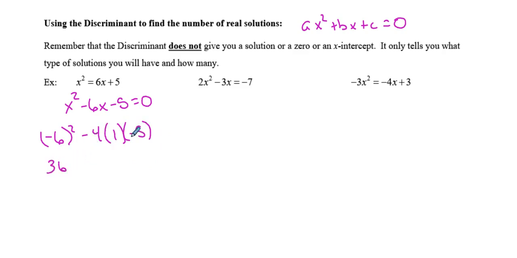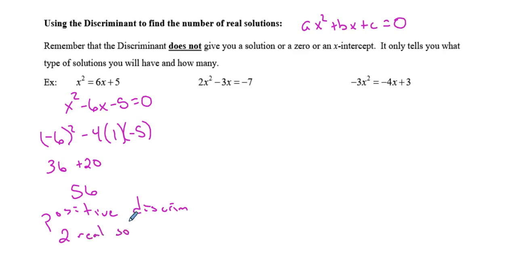And this is negative 4 times negative 5, which is positive 20. So I end up with 56, which is positive. And so this is a positive discriminant. So I have two real solutions.